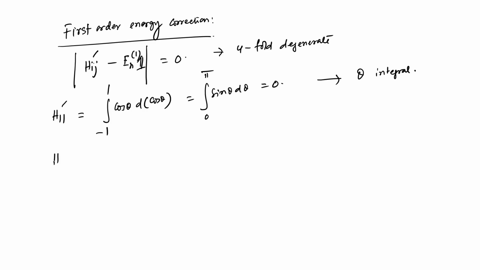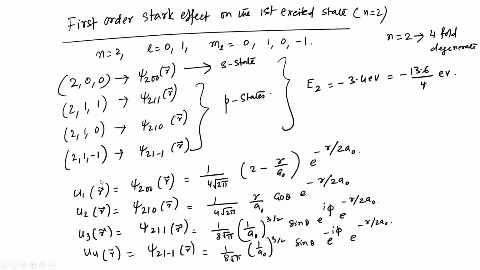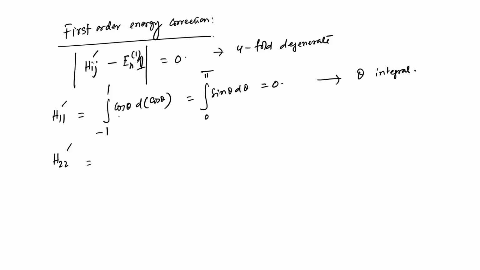So, what about H22 prime? Now, you see H22 prime will have a cosine theta there, and this I have written in the sense that there is a sine theta cos theta. So, there is a sine theta coming from this integral, and then there is a cos theta which I forgot to write.